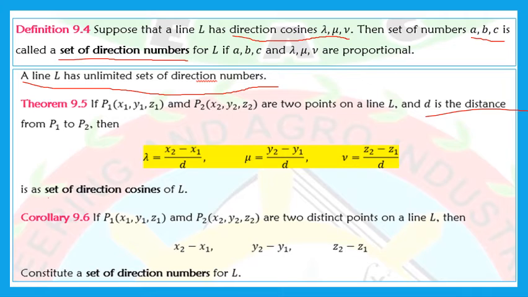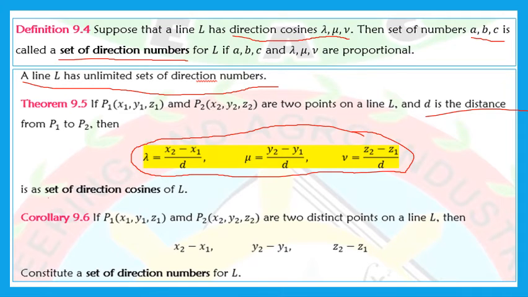So, atong tatlo na to ito yung set of direction cosines natin. Yan yung formula niya. Okay, si set of direction numbers, those are the numbers a, b, c. Okay, set of direction cosines, ito yung isasagot ninyo ha.